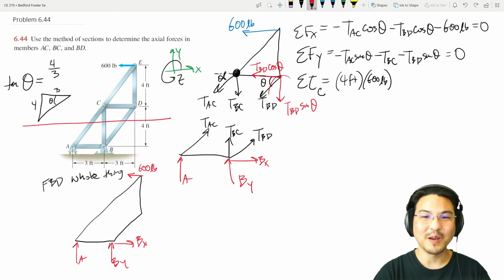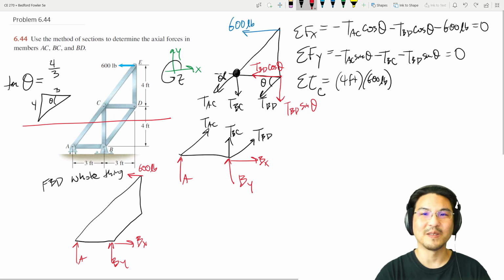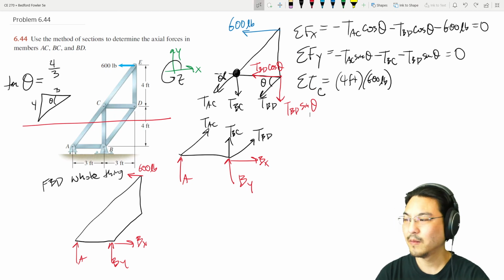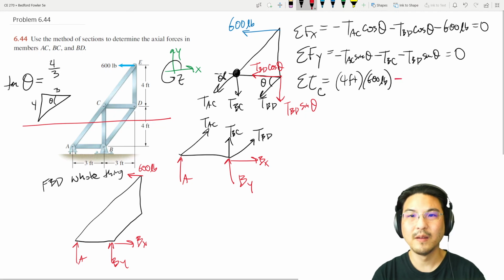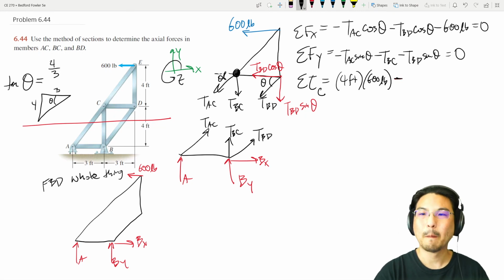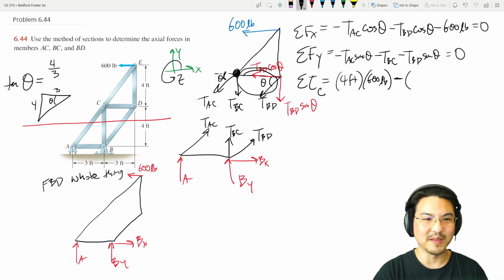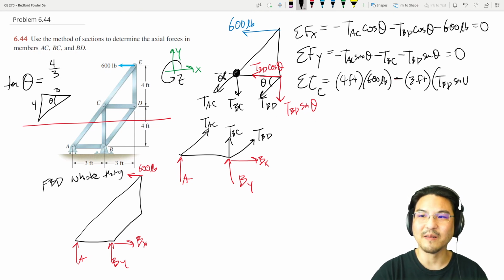Only this component produces torque about this point, which goes this way, in the negative z direction. So the torque would be negative, and the lever arm from here to here is 3 feet, and this force is TBD sine theta. And then the torque due to this is nothing. I think that's everything, and there we go.